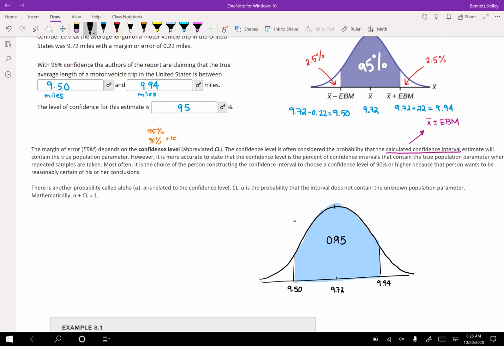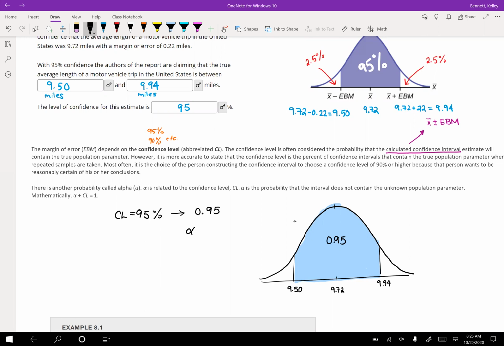So what's happening here is there's something called alpha. Alpha is related to the confidence level, CL, as the complement. If your confidence level is 95%, they're always given to you in percentages, so let's convert it to a decimal. This is the area in the blue shaded region.